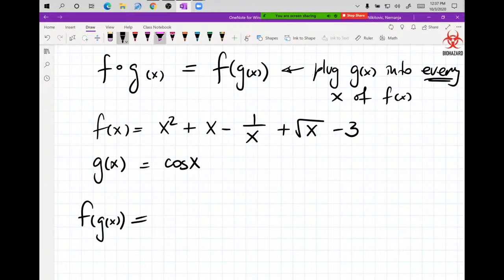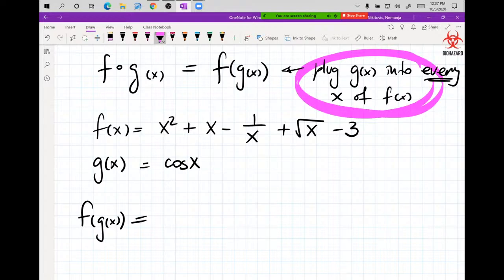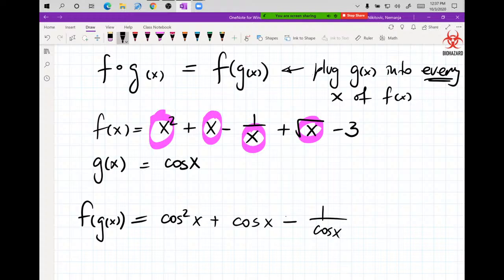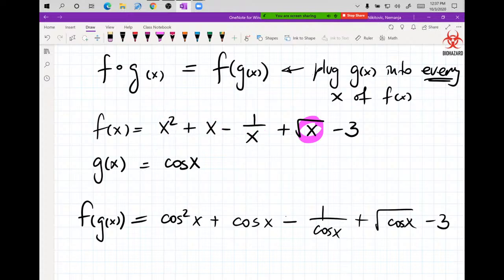Well, this clearly says plug g of x into every x of f. So I will be replacing all of these x's by g, and g is cosine. So we'll have cosine squared x plus cosine x minus 1 over cosine x plus square root of cosine x minus 3. There's a function composition.